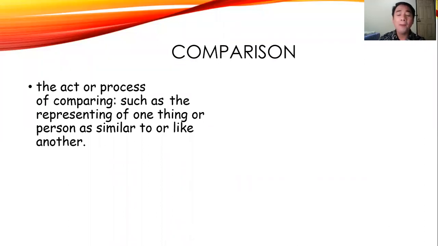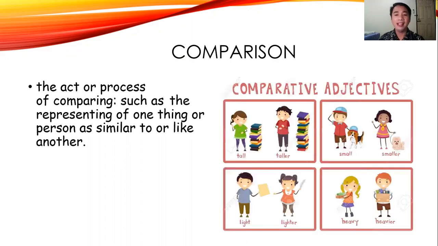For example, look at the photo here. These are examples of comparison: tall, taller; small, smaller; light, lighter; heavy, heavier. So you are going to compare two things or persons. That is comparison.